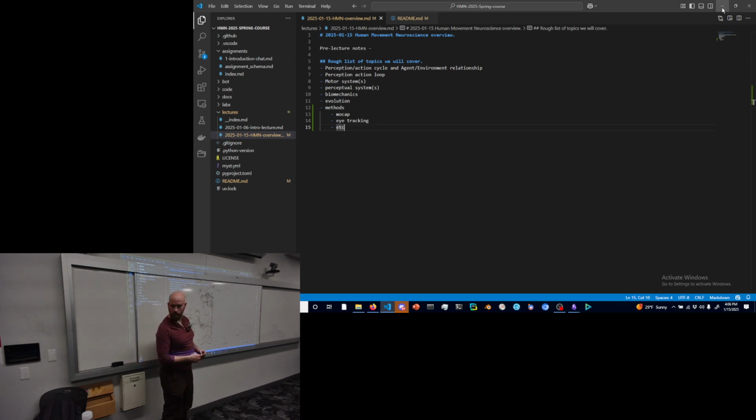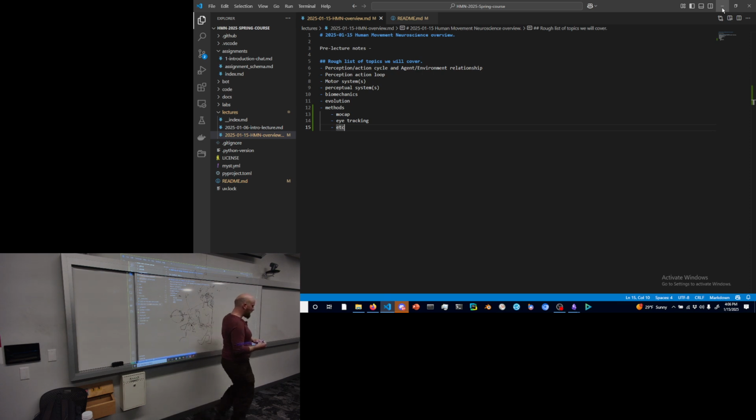I should mention this too. In your peripheral nervous system, you have peripheral neurons, and they come in two types. There's perceptual and there's motor, shockingly. That distinction is defined by which direction the information is flowing.